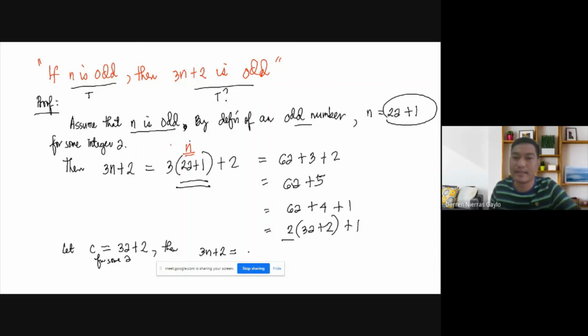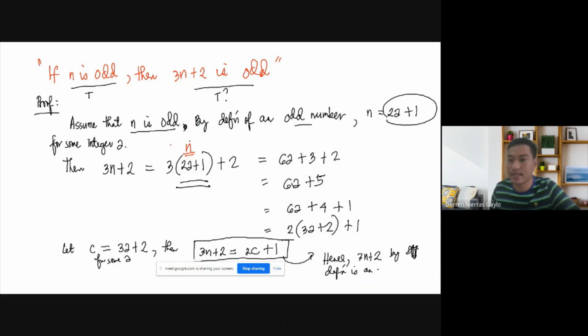So then 3n plus 2 is equal to 2c plus 1, correct? Hence, 3n plus 2, by definition, is an odd number. Okay, so we're done with our proof.